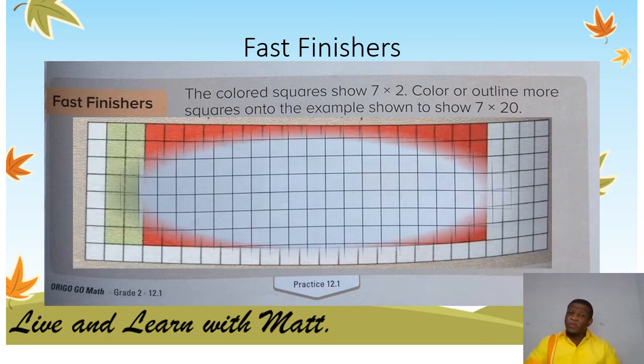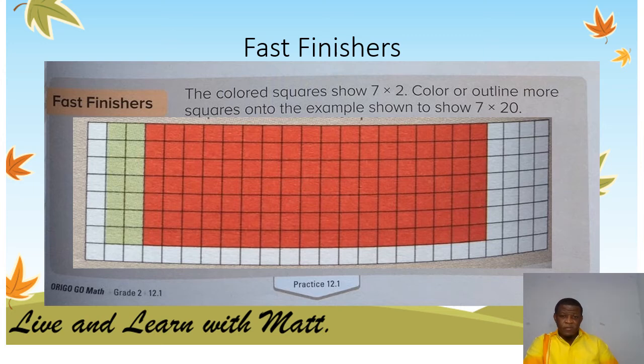And when we have something like this, count on to 20, then we will have something like this. So everybody shade the appropriate squares. The squares will be 20. 1, 2, 3, 4, 5, 6, 7, 8, 9, 10, 11, 12, 13, 14, 15, 16, 17, 18, 19, 20.